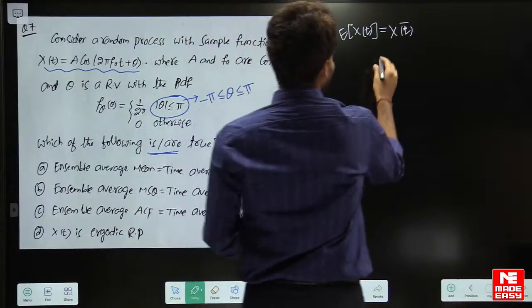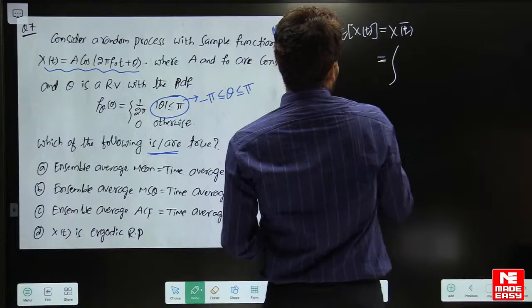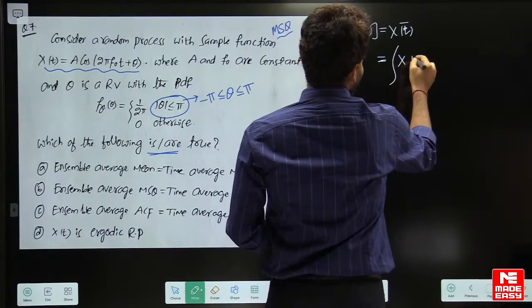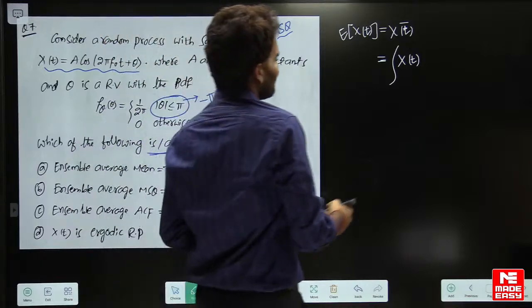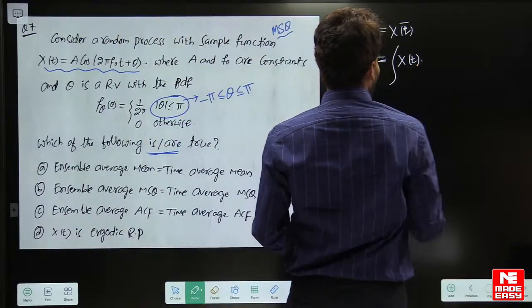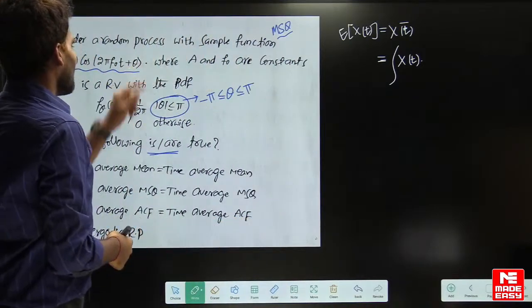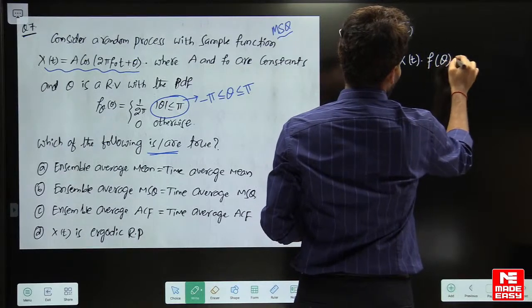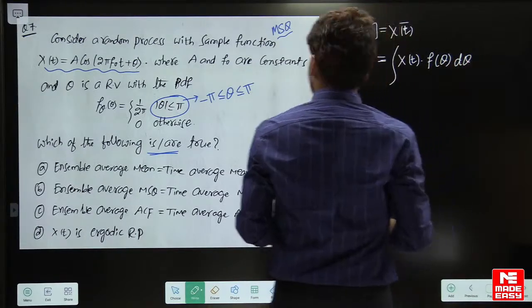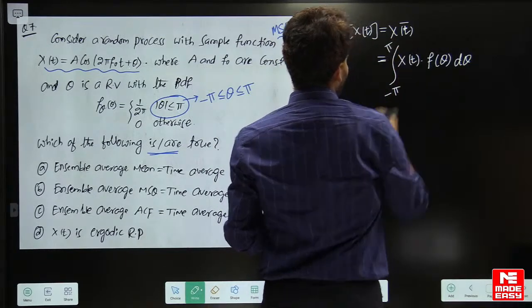It will be the integration of the same quantity x(t), multiplied with the density function. The random variable associated here is theta, so this is f of theta d theta, where theta takes values from minus pi to pi.